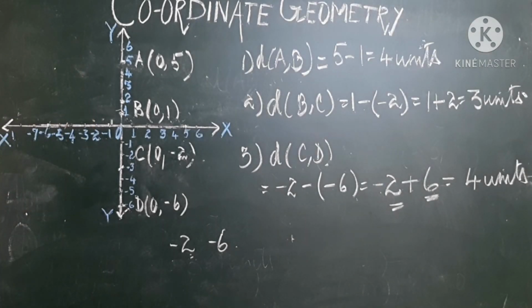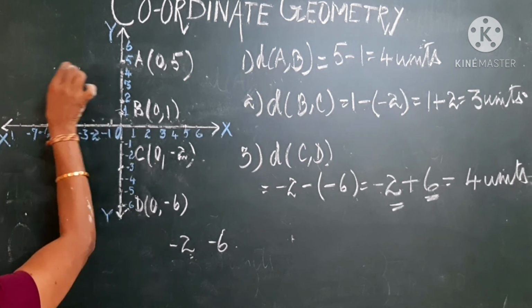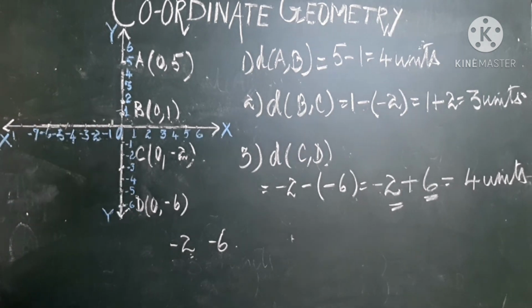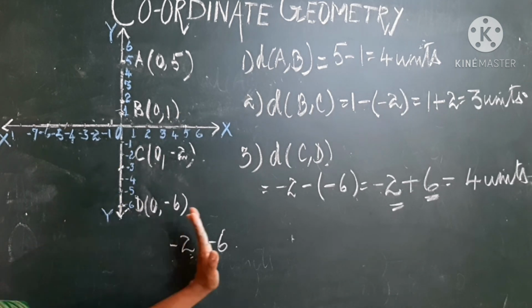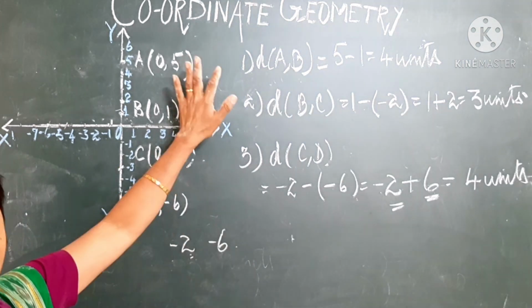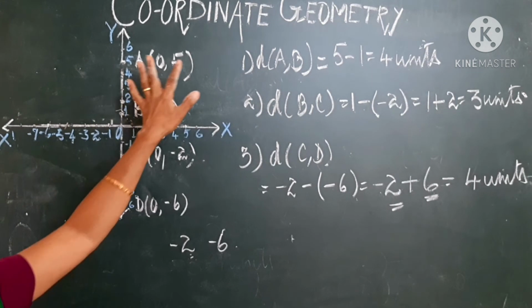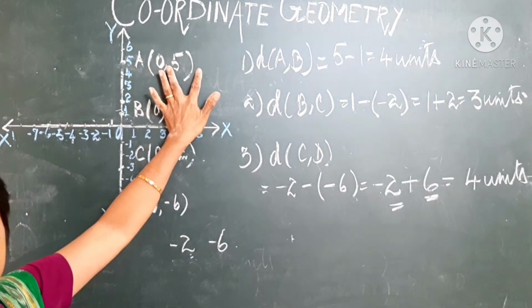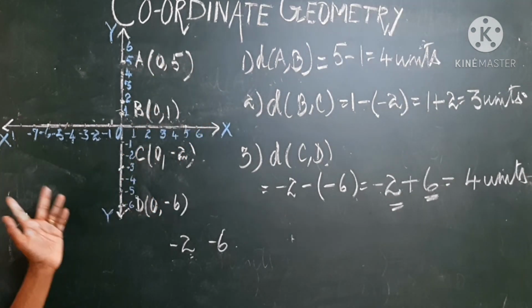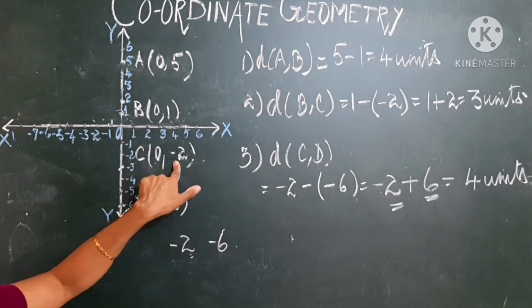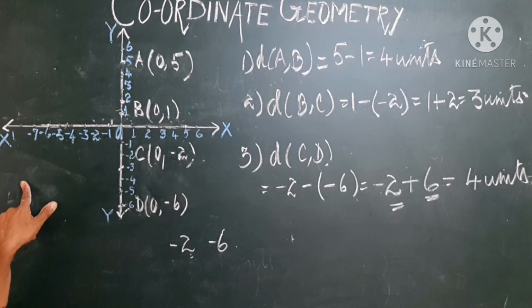Now, to move on and proceed, if the 2 points are lying anywhere in the quadrants, we know we have 4 quadrants. So, if the points are lying anywhere in the quadrants, either both the points might be lying in the first quadrant or the third quadrant, or one point might be lying in the fourth quadrant and another point in the third quadrant.